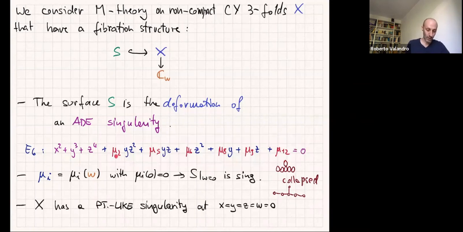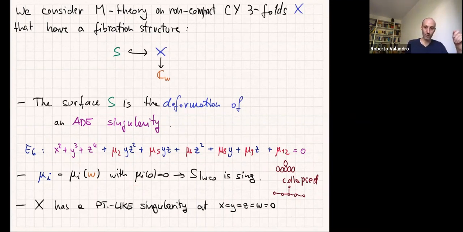Now, if you let the coefficients in front of this deformation depend on W, then you get a fibration of this sort, in which at generic W, these μ are different from 0, and you get an S that is a deformation of an ADE singularity, while requiring that these μ are equal to 0 at the origin, you have that at the origin, the surface has the ADE singularity. Okay?